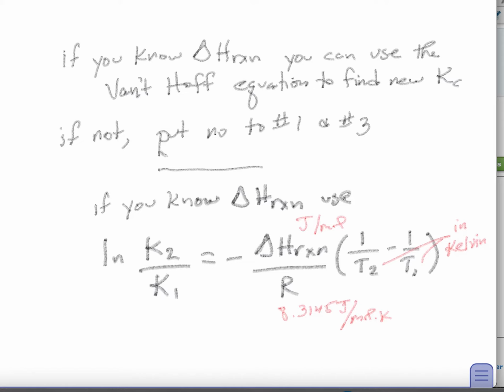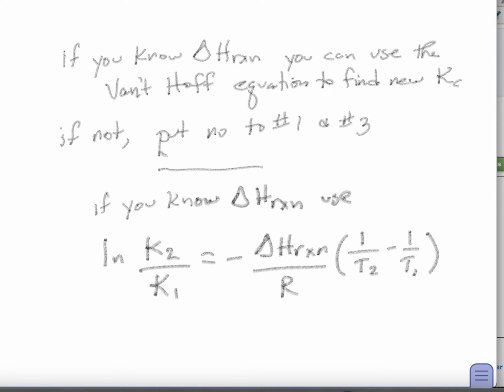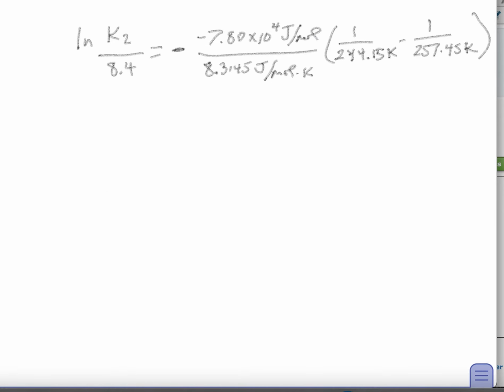So if you remember, I wrote down just a few things. First of all, I wrote down 7.8 times 10 to the 4th joules per mole, and I wrote down my new temperatures in kelvin just so that I would remember that. Okay, so fill it in. I've got my original K sub C, my K1 is 8.4, they gave me.